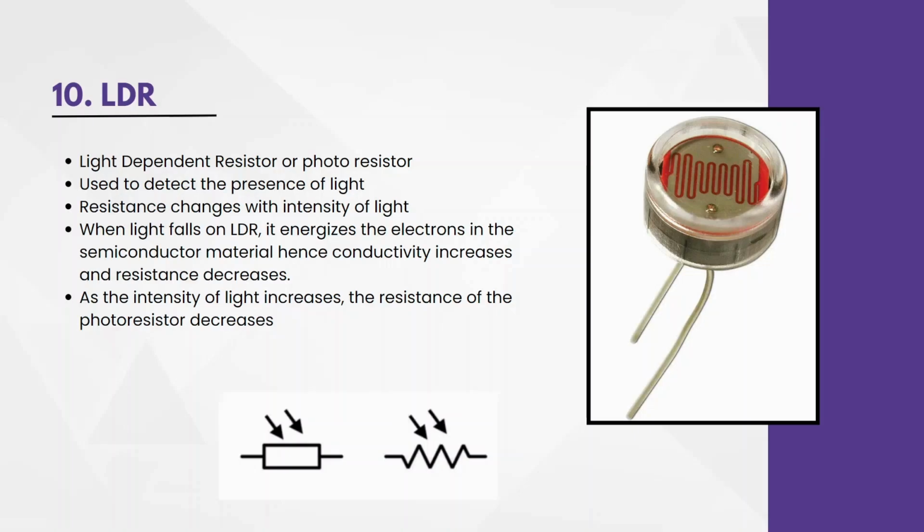More conductivity means less resistivity, so as the intensity of light increases, the resistance of the LDR decreases and its conductivity increases. This is the basic concept of the LDR. It is used in applications where light is the deciding factor for the conduction of charges.